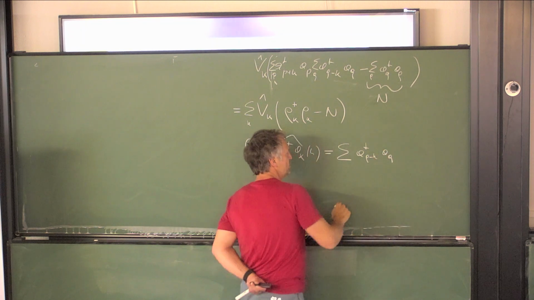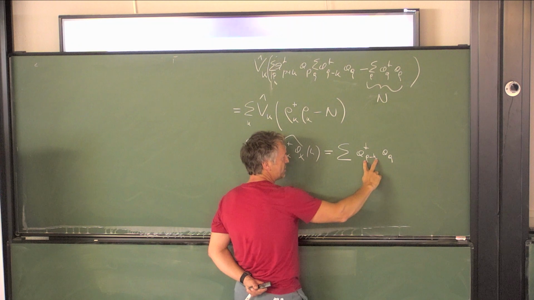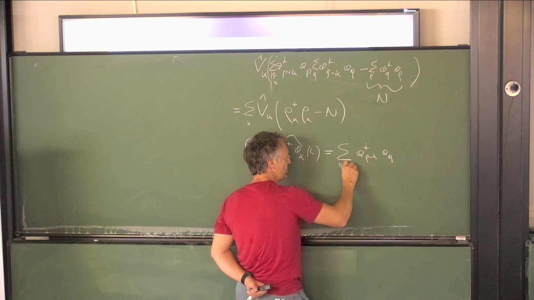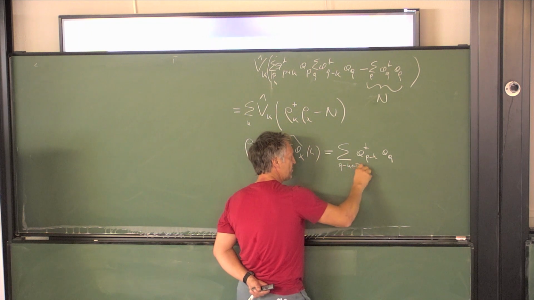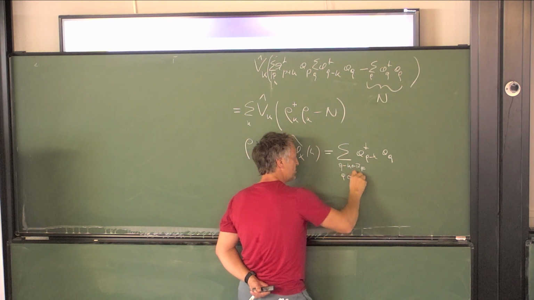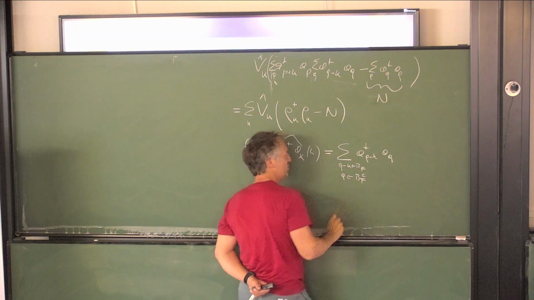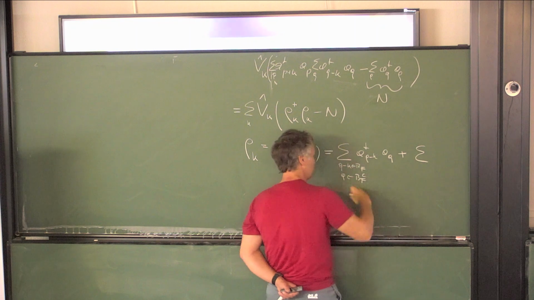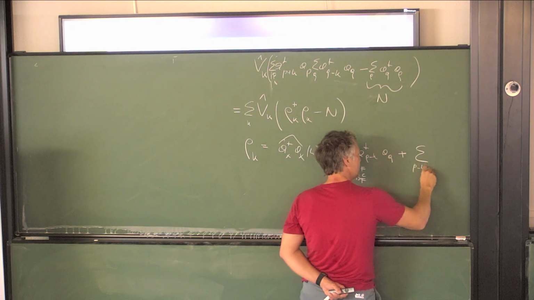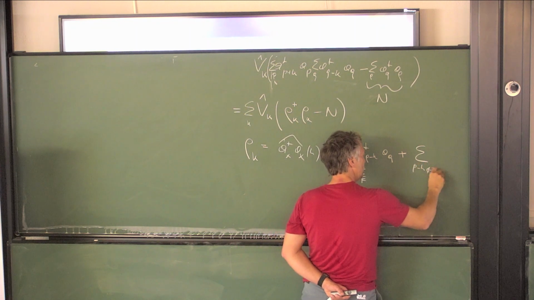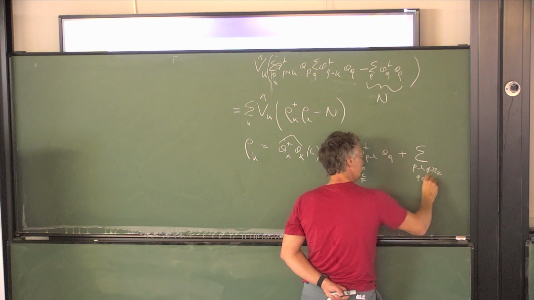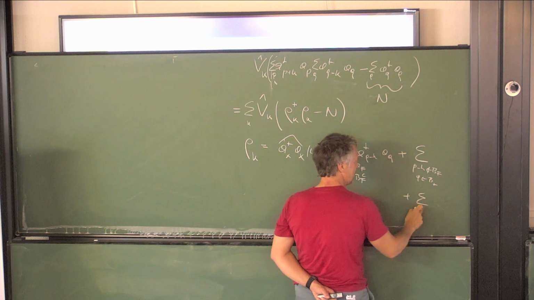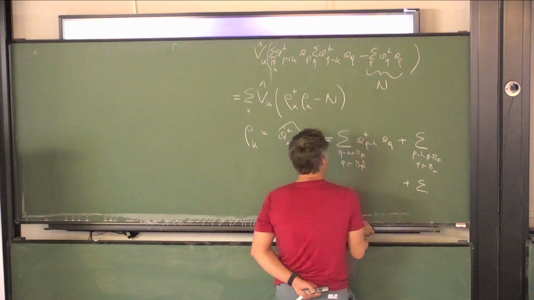And so as I said before, this is the sum over A star Q minus K, A of Q. So now what you can do is distinguish all the cases. You can start with Q minus K inside of the Fermi ball and Q outside of the Fermi ball. Then you can turn it around: Q minus K outside of the Fermi ball and Q inside, and then the rest, inside and inside or outside and outside.